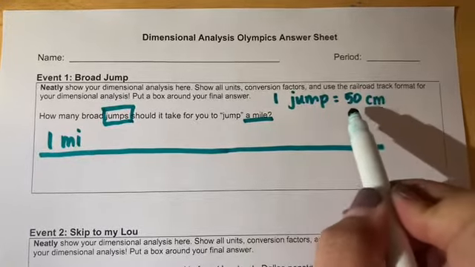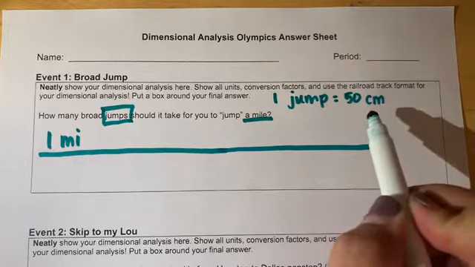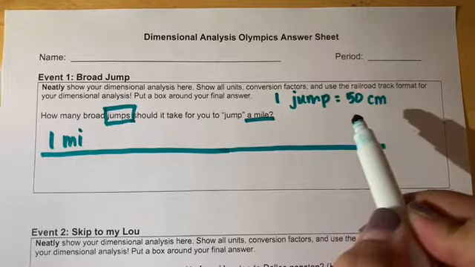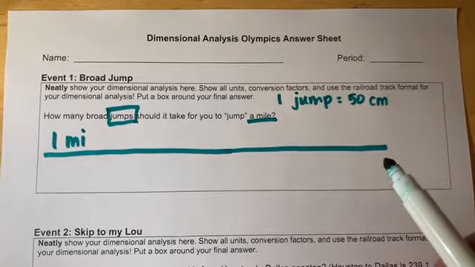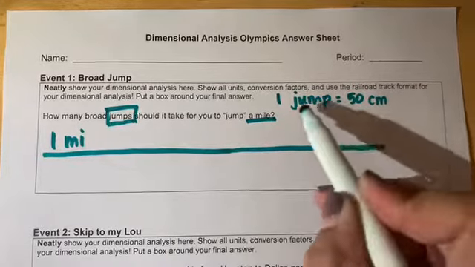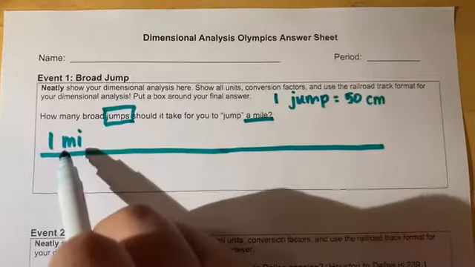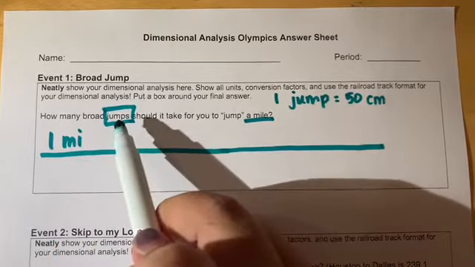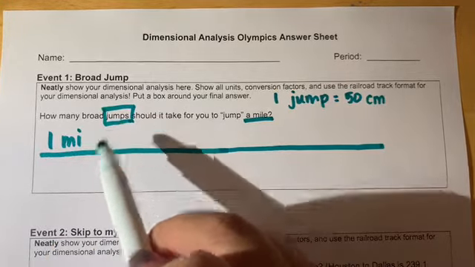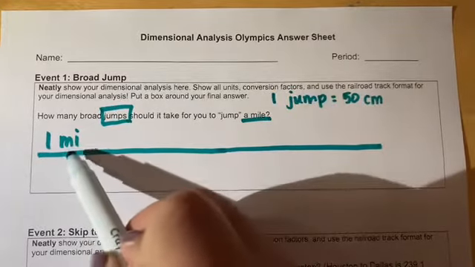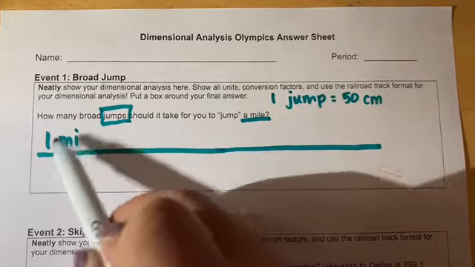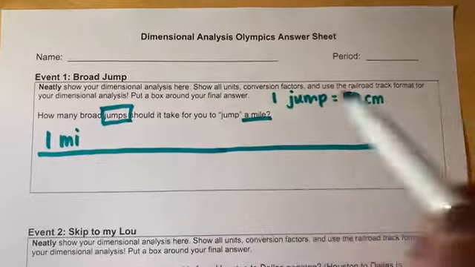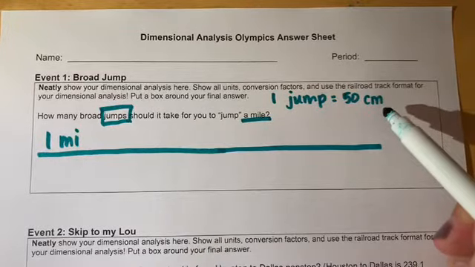Of course your value is going to be different because you probably can jump a lot farther than I can. I'm going to use this to help me go from miles all the way to jumps, which is what I'm looking for. First off, miles is a distance, so how can I convert miles into centimeters?